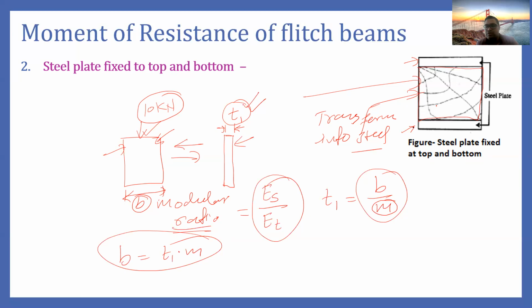So here we will assume that this timber is replaced by the steel plate. Original section will be there, but for the sake of calculation, we will assume that we have steel plate at the bottom, and in between the timber is replaced by the steel plate having the thickness of T1, and this T1 thickness is basically B by M, and B is the width of this timber.